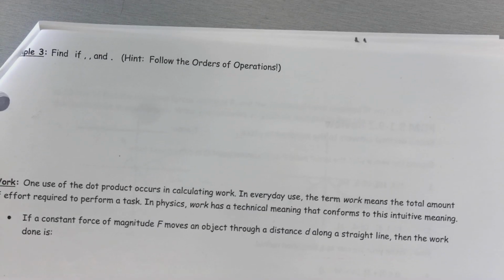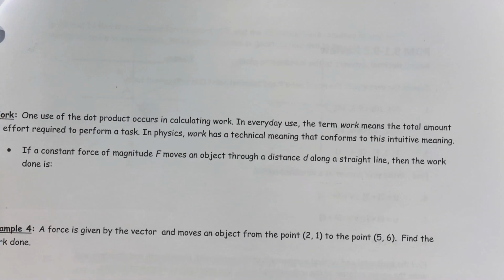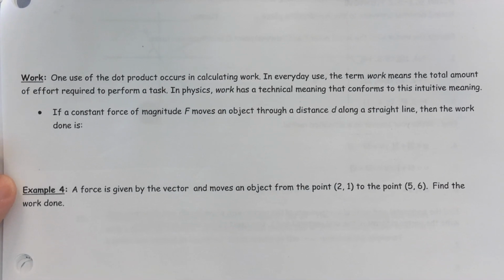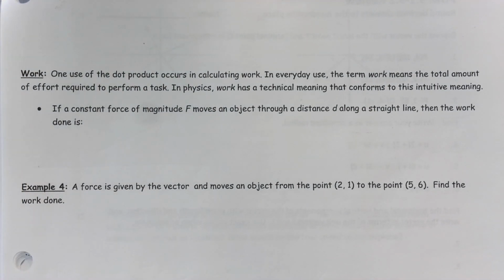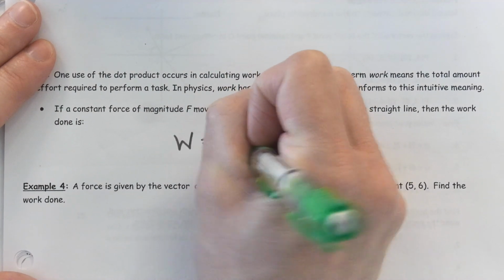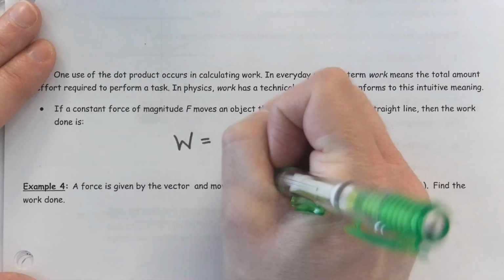Next, I'm going to come down here to work. We're not going to do a third example. Okay. If you're doing work, work is also a dot product situation. So when you are calculating work, work is equal to the dot product of force times distance.